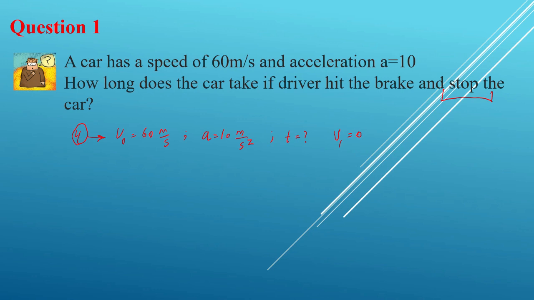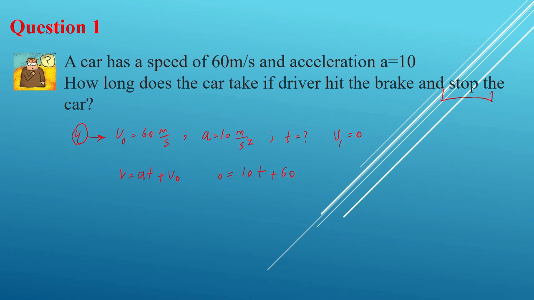So in terms of equation 4, v is equal to at plus v naught, right? So my v is going to be 0. Acceleration is 10, right? I don't know t. And then the initial velocity is going to be 60, right?